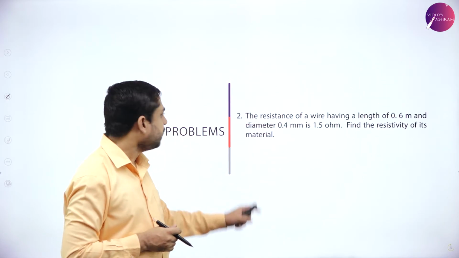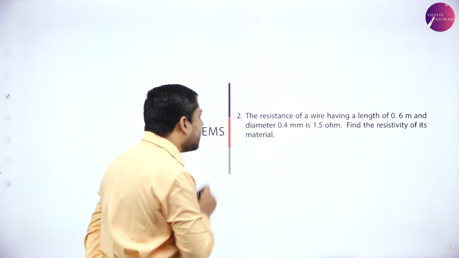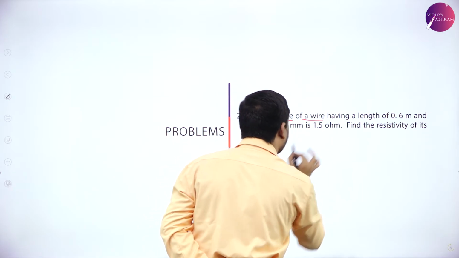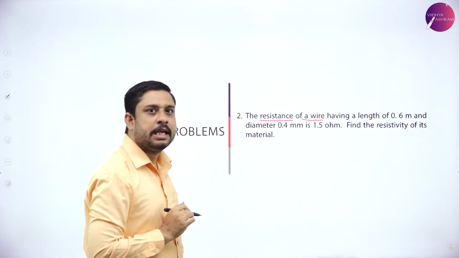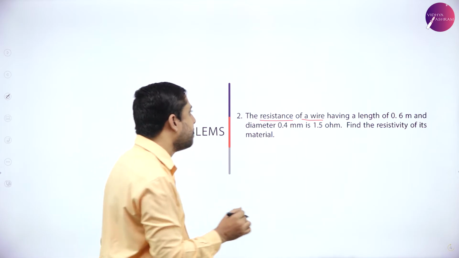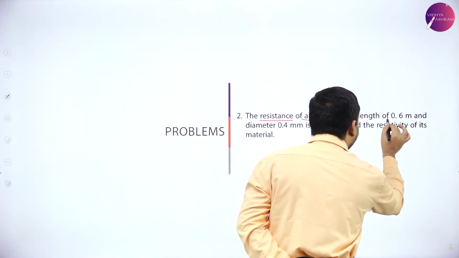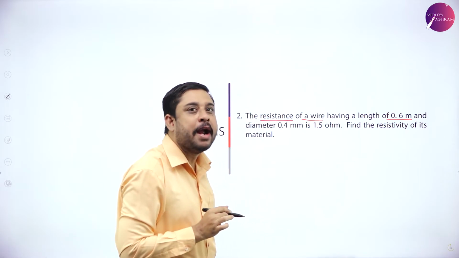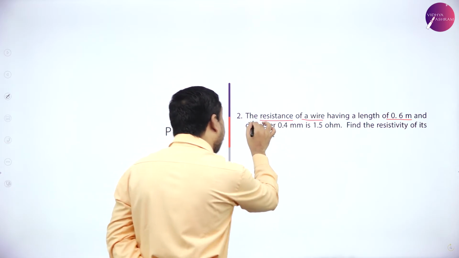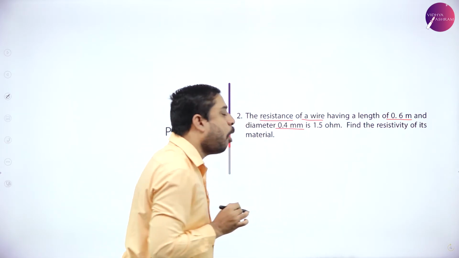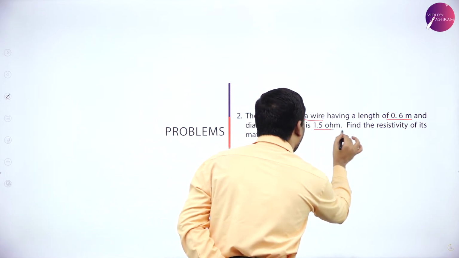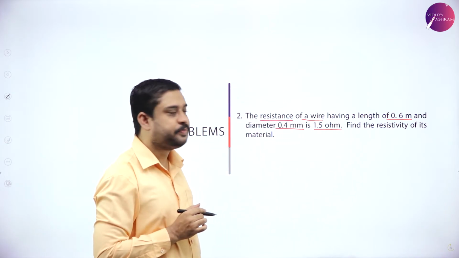Next one, second one, a simple problem. The resistance of a wire having a length of 0.6 meter and diameter 0.4 millimeter is 1.5 ohm.